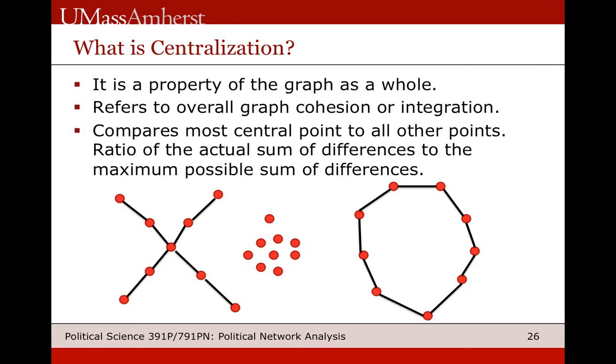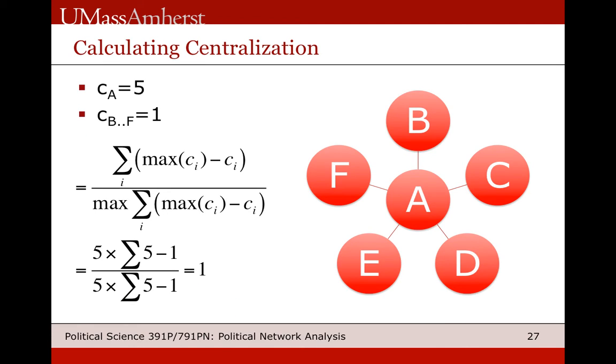Mathematically, what we're going to tend to do is compare, again in a ratio sense, the actual sum of differences in centrality scores to the maximum possible sum of centrality scores. Now, conceptually, that sounds a little bit fuzzy, so let me give you a clear example. Here's how we're going to calculate centralization.